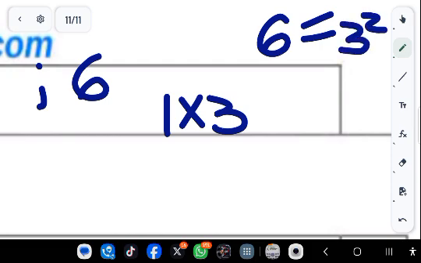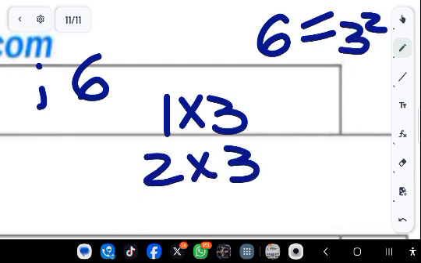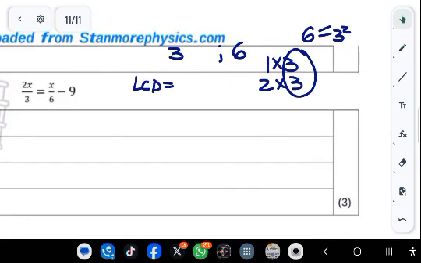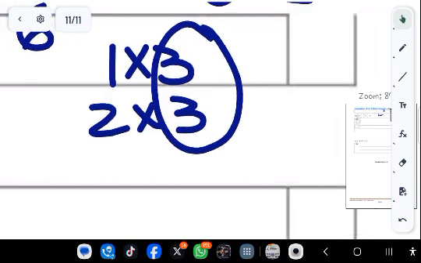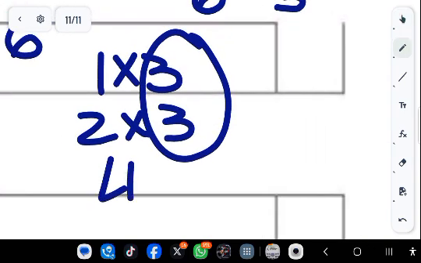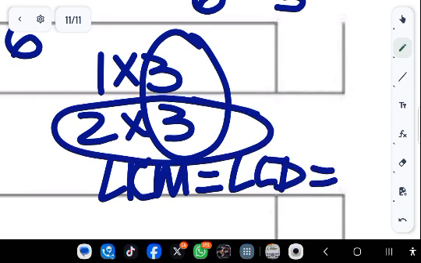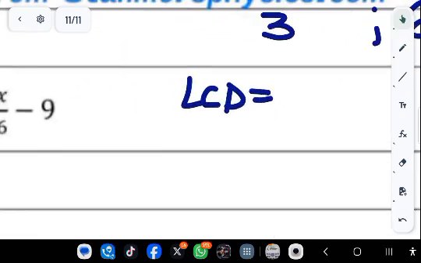So the common factor here is 3, and the highest common factor will be 3. And the lowest common multiple, which is the same as the lowest common denominator, by the way, you get by multiplying everything together, and that will be 6. So now your LCD is 6.